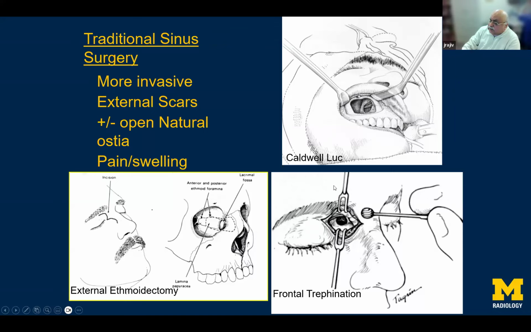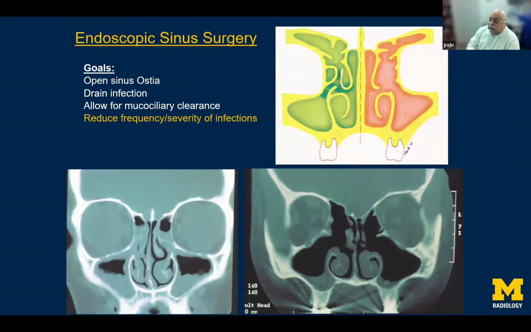And then the frontal trephine, just making a hole in the anterior wall of the frontal sinus, trying to drain it through the widened nasofrontal duct, which was totally not a good thing to do anyways. So these were the traditional approaches, and we now no longer do these because we just go back and look at endoscopic sinus surgery and try and remove as much of the normal variants to make the thing wider.